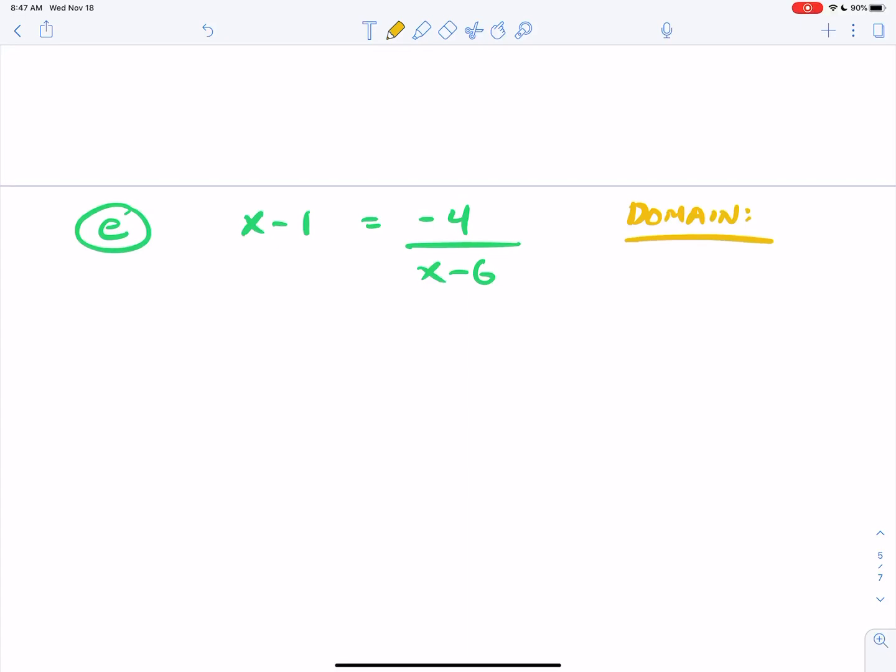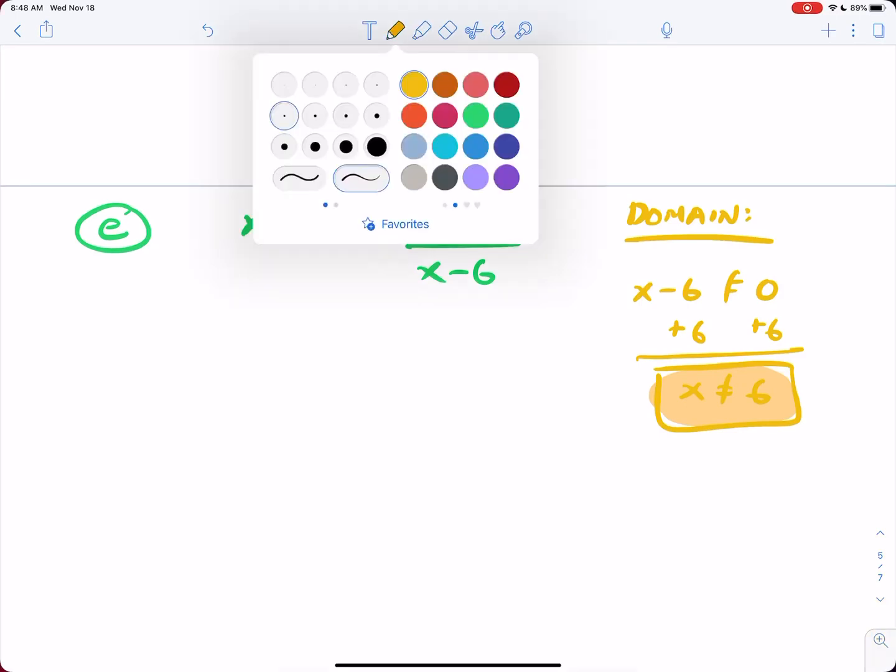Okay, we set all denominators not equal to 0. I only have one denominator here, so it's x minus 6. Cannot be 0. So that tells me that x cannot be 6. Okay, so we're going to have that in the back of our mind. X cannot be 6. Okay, so now we get to the solving.